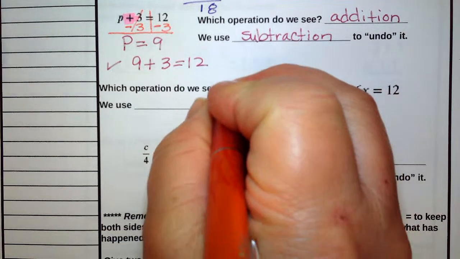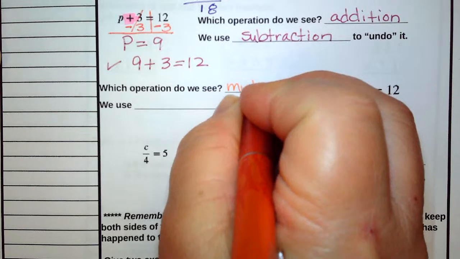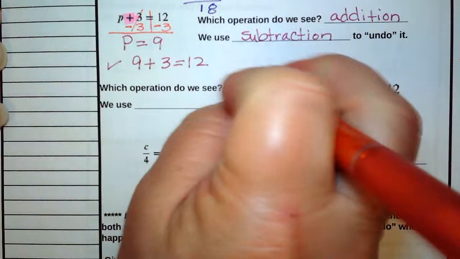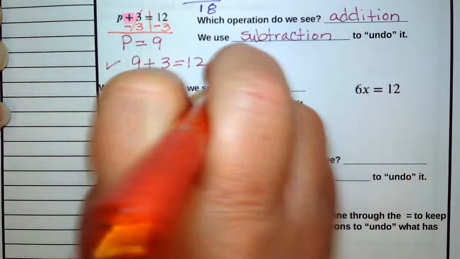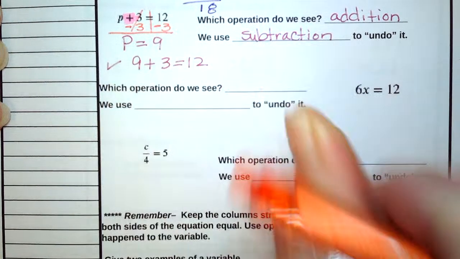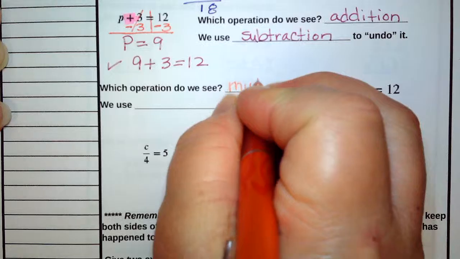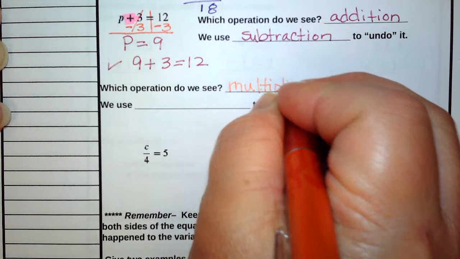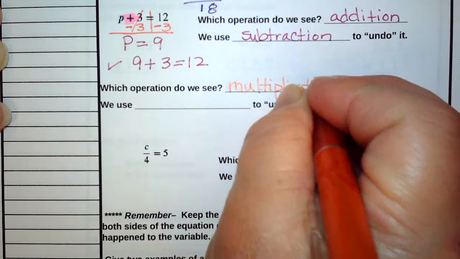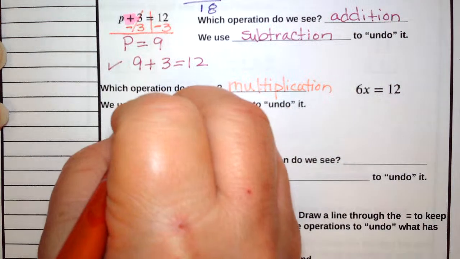So we see multiplication. And I've got to spell it right. I was thinking about it right, but not spelling it right. So what undoes multiplication? Division.